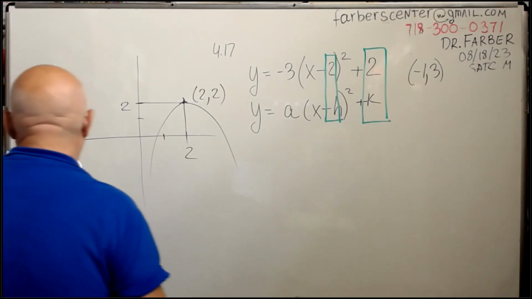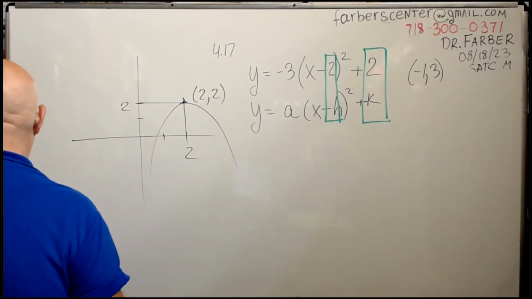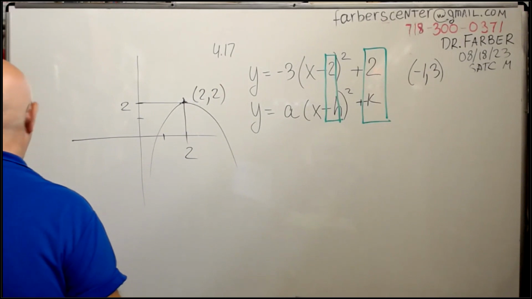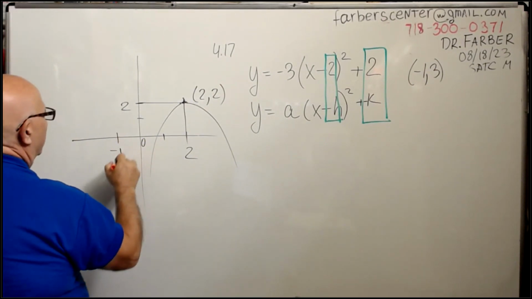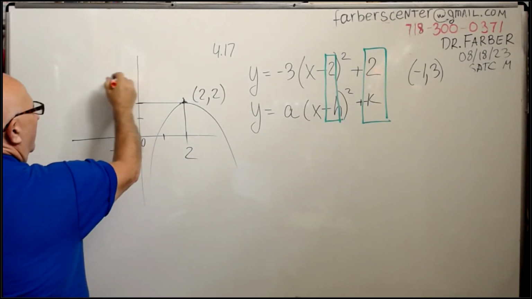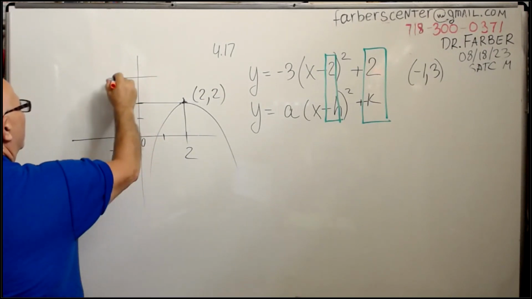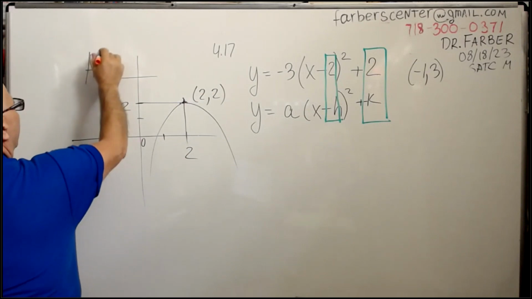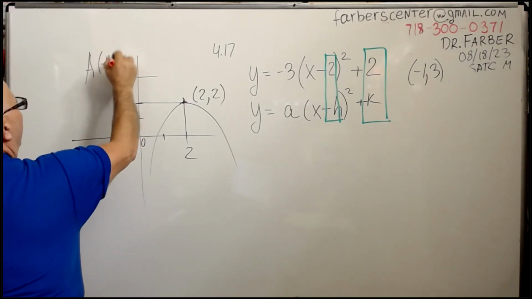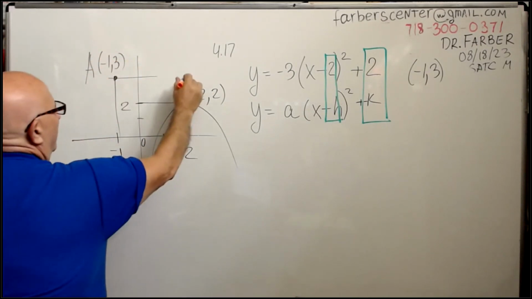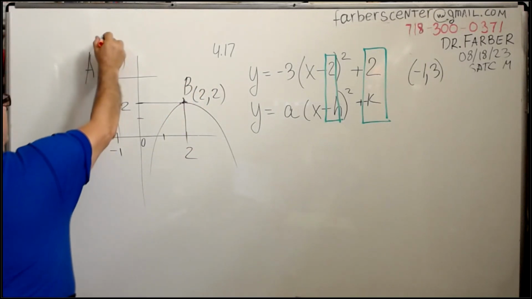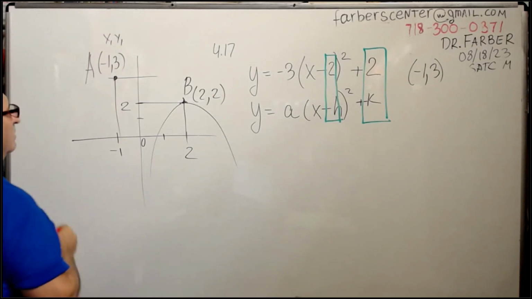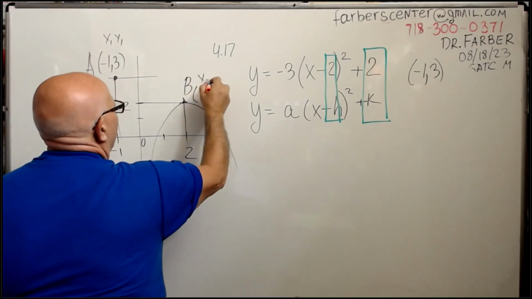In addition, they ask you to have the point -1, 3. So A is -1, 3, and B is 2, 2. Now, this is x1, y1, and this is x2, y2.